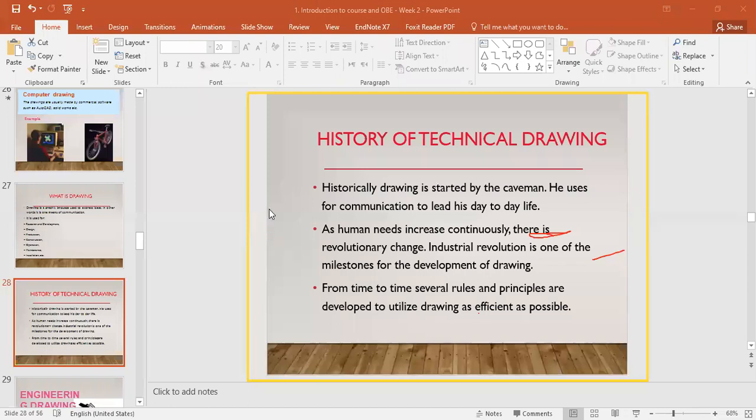3D printing. One question from Ahmad: is 3D printing with the help of a computer also included in computer drawings? The drawing that we draw to print comes under computer drawing, but the printing does not come under computer drawing, because printing is another application.